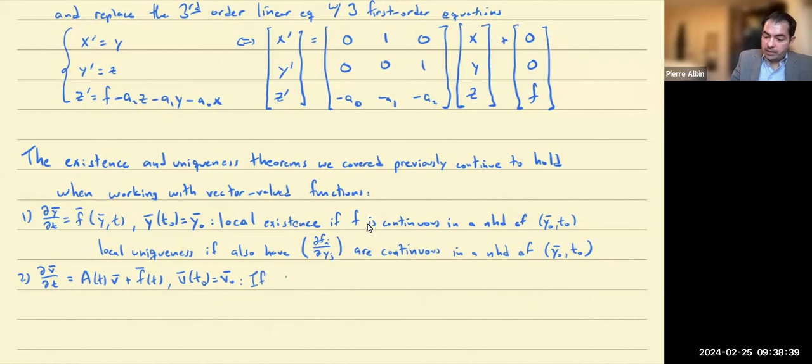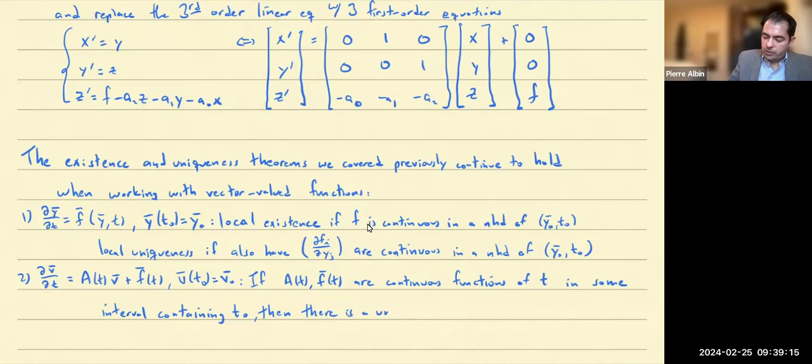Then here the theorem says that if A of t and f bar of t are continuous functions of t in some interval containing t naught, then there is a unique solution on this interval.